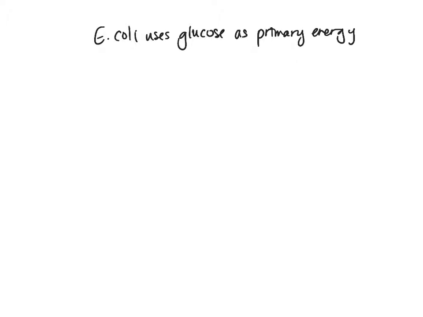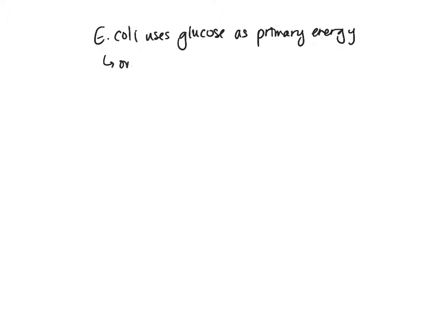And then when glucose is depleted, then it can switch into using lactose. And this is why we have the Lac operon, and we see this as an inducible operon in E. coli because it's going to be utilizing glucose, so that repressor molecule is going to be there because it's not using lactose at that point.